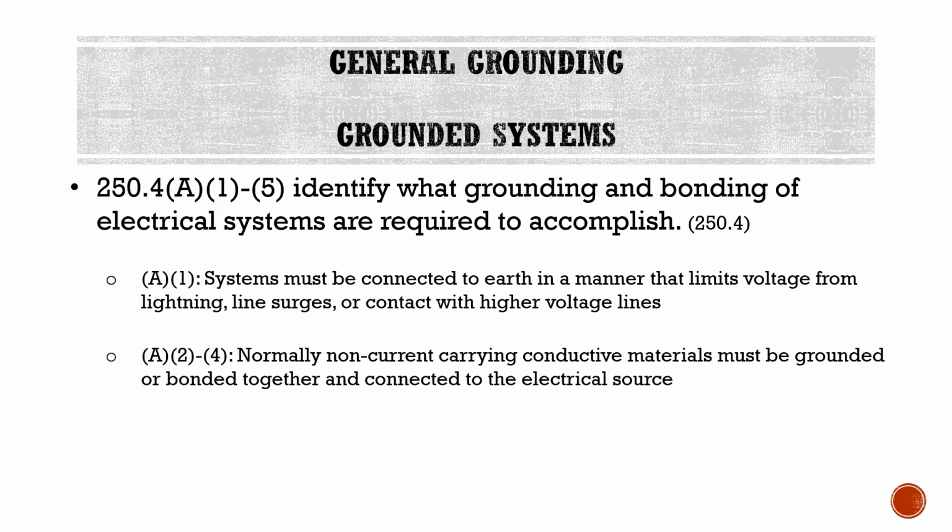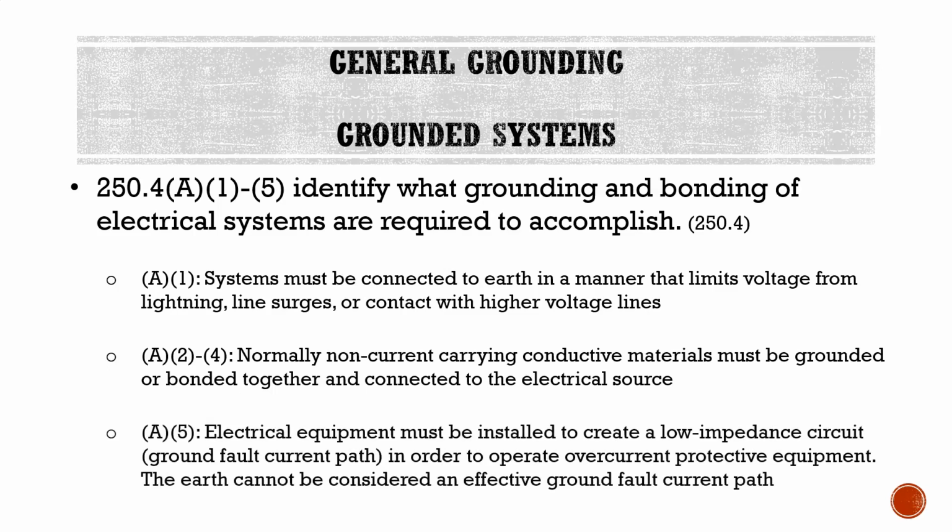In other words, if we have some type of material in the electrical system that could be current carrying, in other words, has the potential to carry current, which would be anything conductive, essentially, we have to have all that grounded and bonded together and then connected to the electrical source. And then A5, electrical equipment must be installed to create a low impedance circuit, a ground fault current path, in order to operate overcurrent protective equipment.